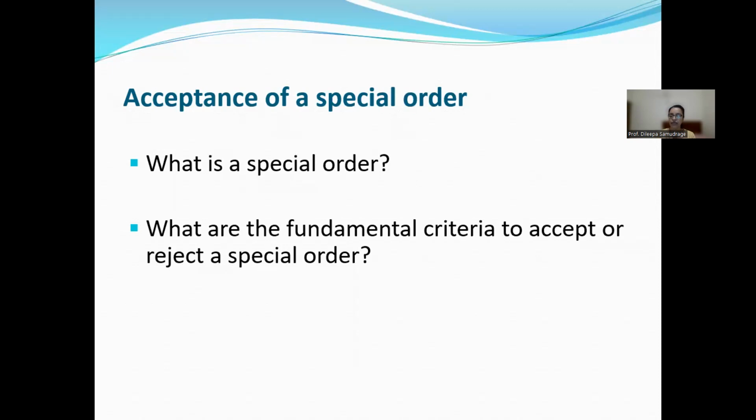Under CVP analysis, we divide our total cost into variable and fixed, and contribution is very important. Therefore, acceptance of a special order is decided by whether the special order gives you a contribution or not. That is the criterion which decides whether you accept or reject a special order.